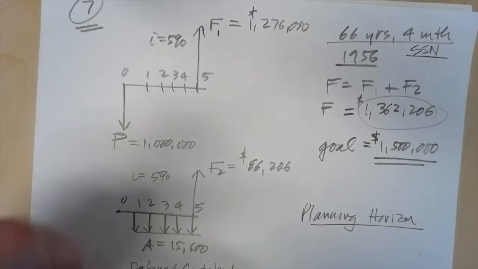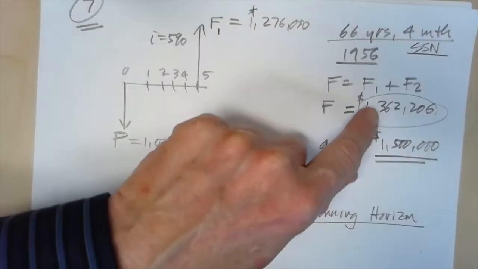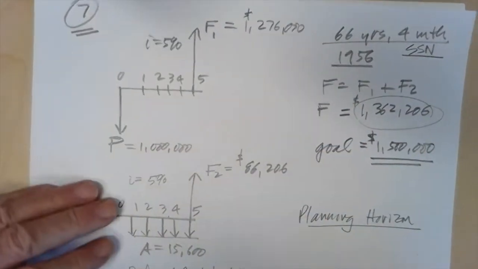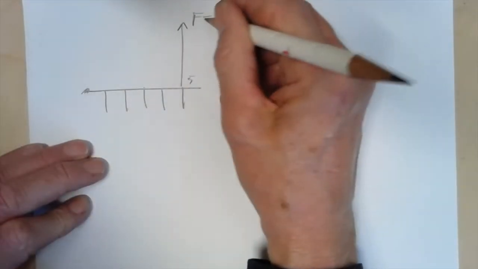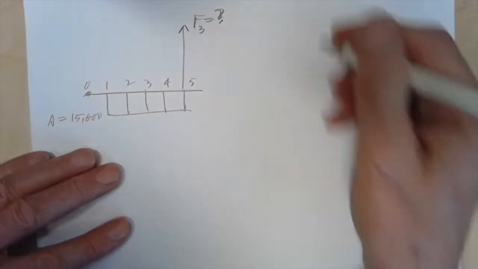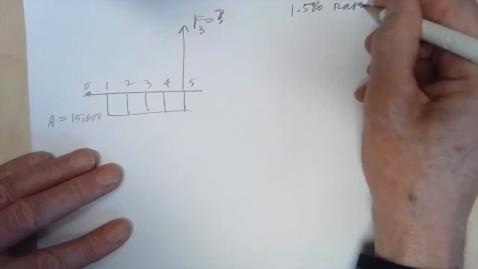All right. There's one other vehicle I can use to increase this, by the way. And it's called a G for gradient. So let's do the G now. Okay, at the university here, we average about 1.5% raise, which is nice.